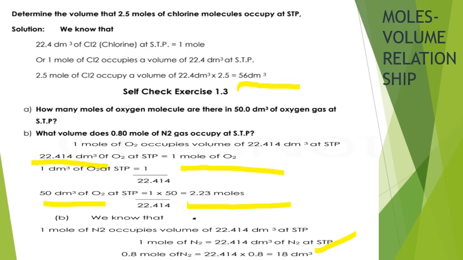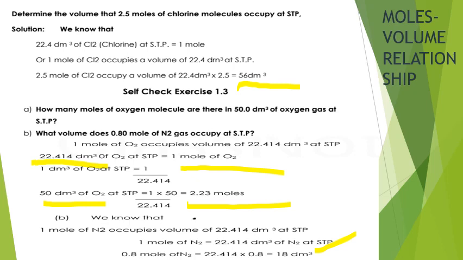Now here two volumes are mentioned. So what you have to do? We will say 22.414 dm³ of oxygen is the volume of 1 mole of oxygen. What about the 50 dm³? It will be 1 upon 22.414 multiplied by 50. The moles are 2.23.